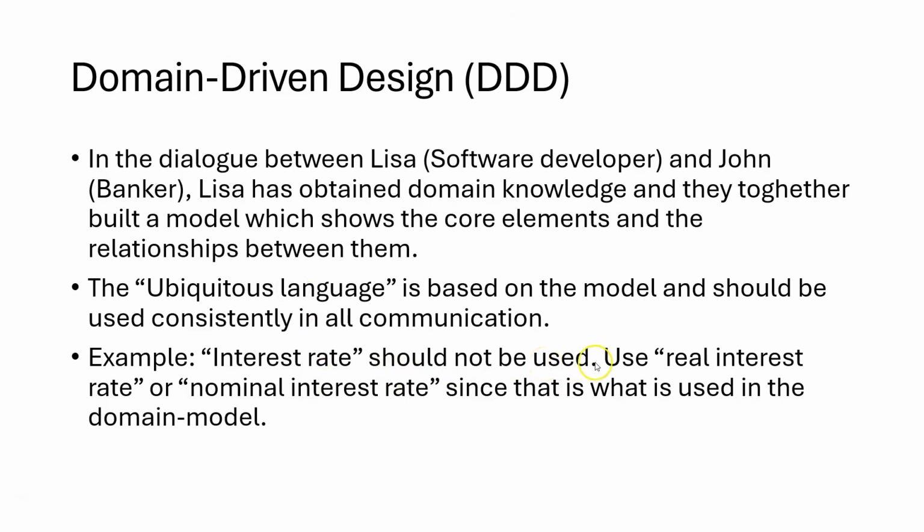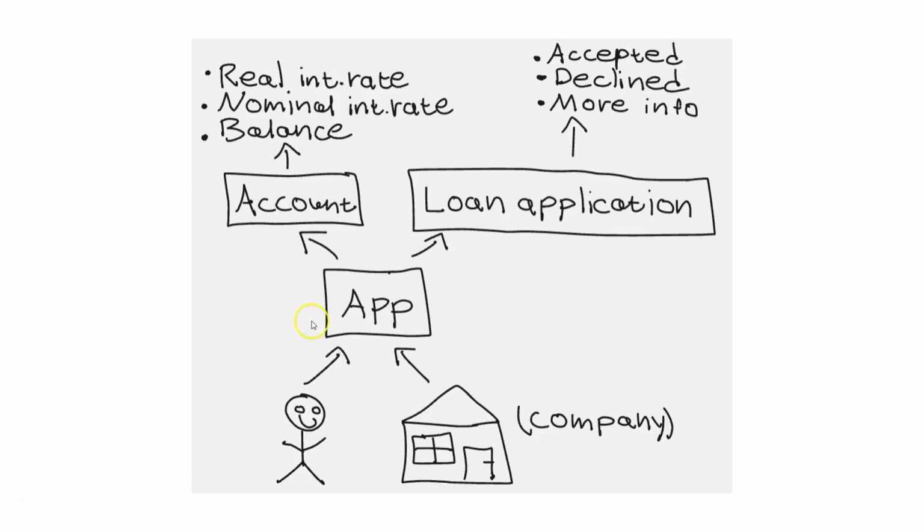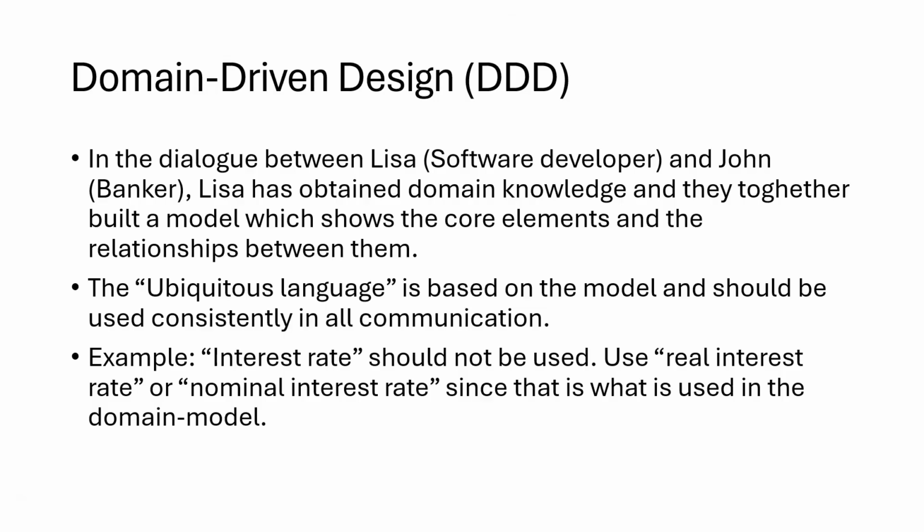Instead, we should use real interest rate or nominal interest rate, since that is what is used in the domain model. So if we look at the sketch in the previous slide, we see that in this sketch we have real interest rate and nominal interest rate. And since this language is used in the model, that is the language that should be used in the communication. And this is then an example of the ubiquitous language.